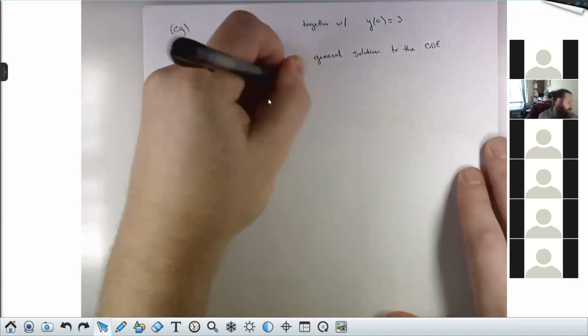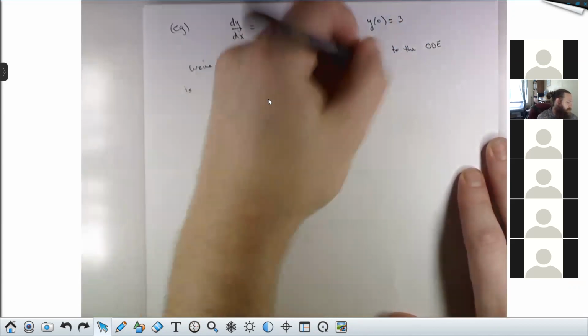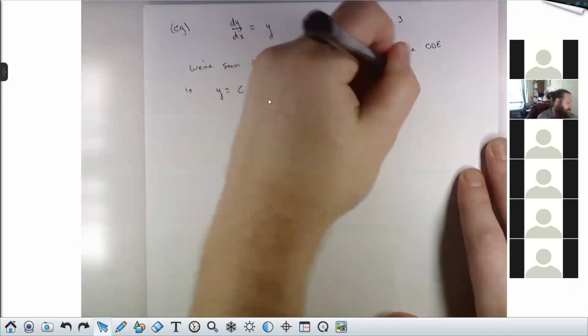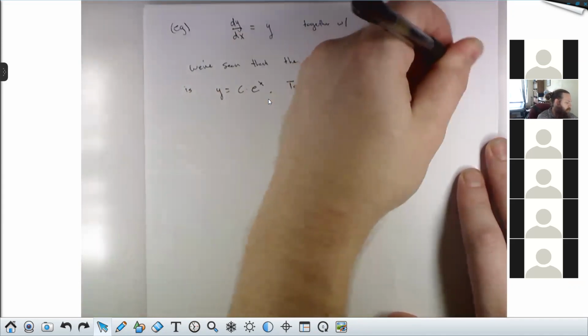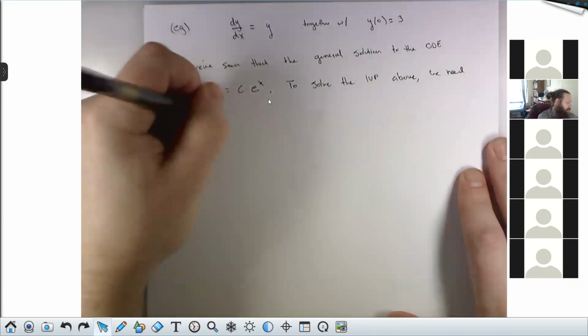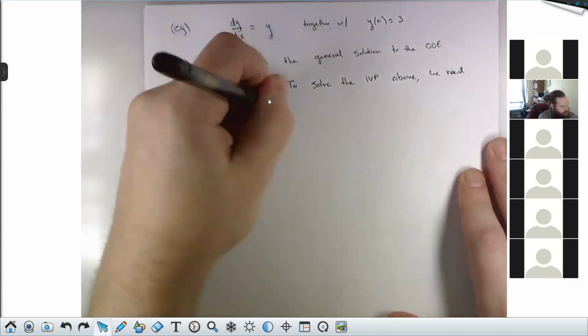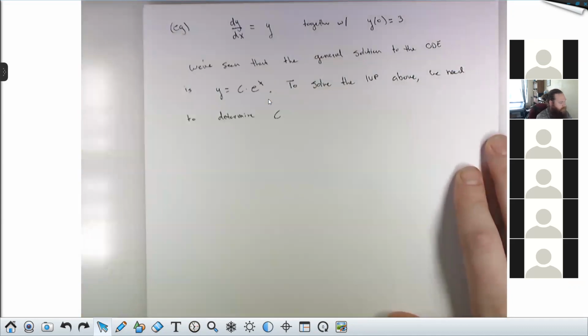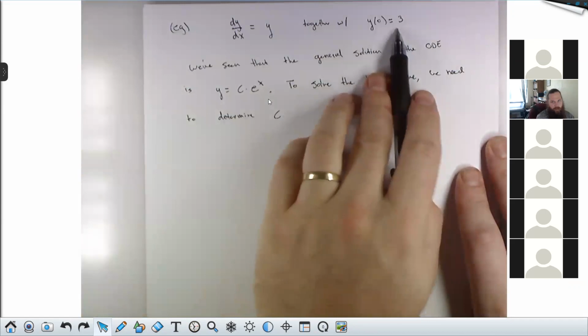To solve the initial value problem above, we need to determine c. So you take your solution function and you plug in the initial conditions.